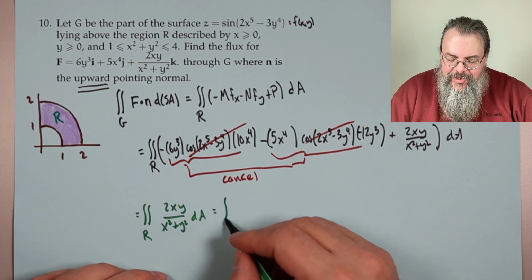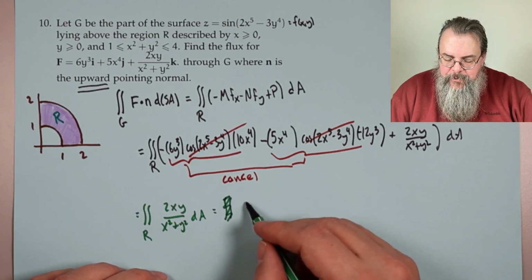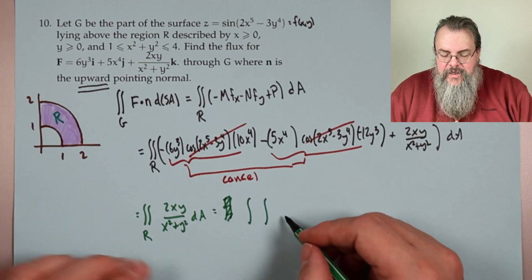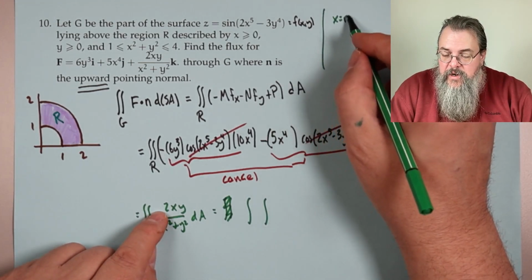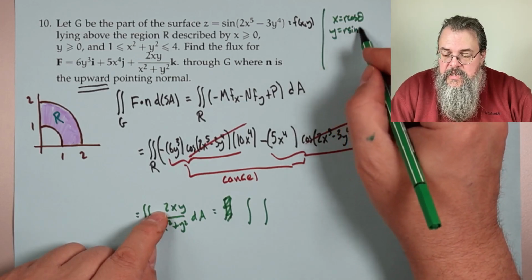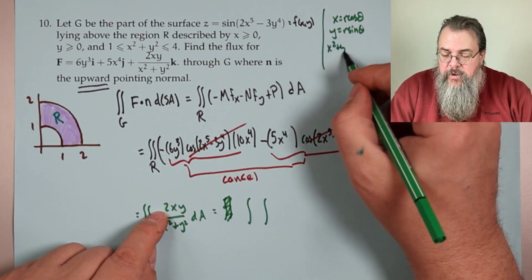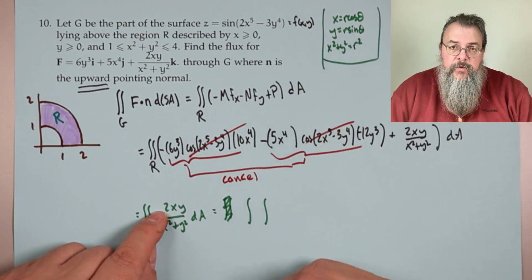Okay, so this is the integral over what? As a reminder, we have x equals r cosine theta, y equals r sine theta, and x squared plus y squared equals r squared. All right, so those are our basic formulas.